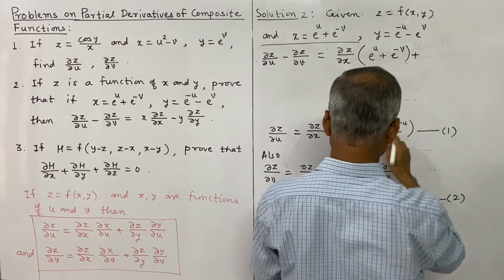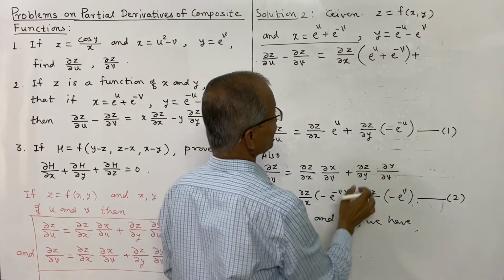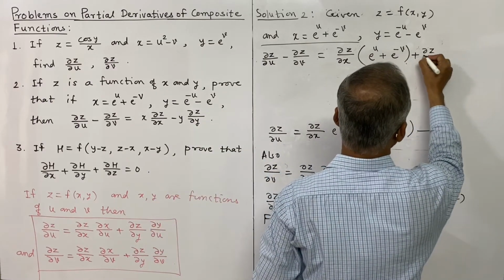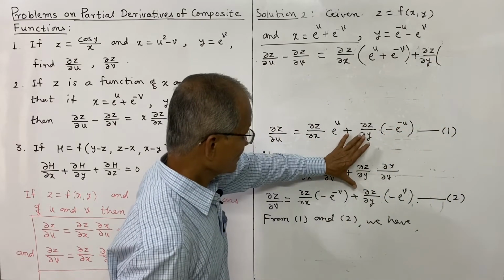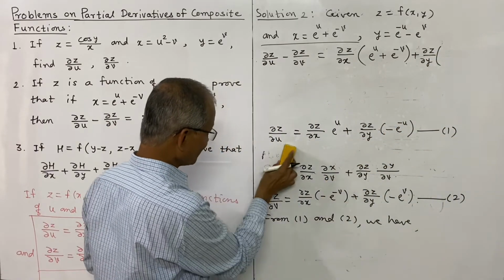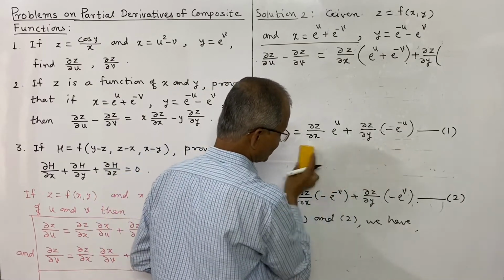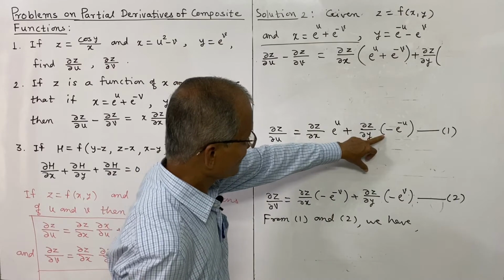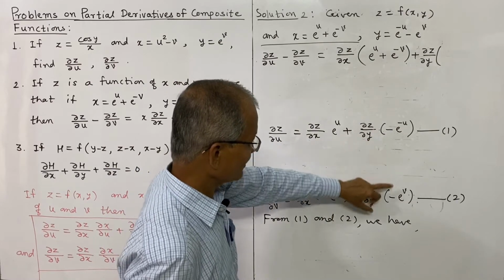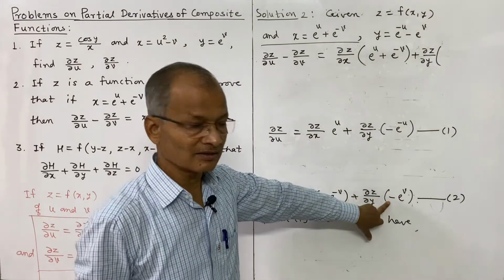∂z/∂y is common. This is common, and what remains in bracket? You see, in the subtraction we are subtracting 1 and 2, subtraction of these two. This is common, and the negative sign is this one, and this will become positive in subtraction.